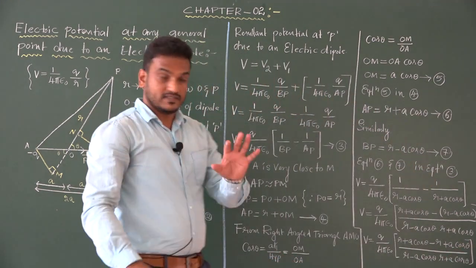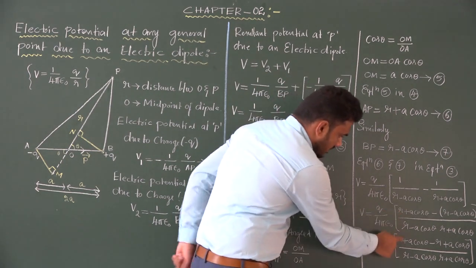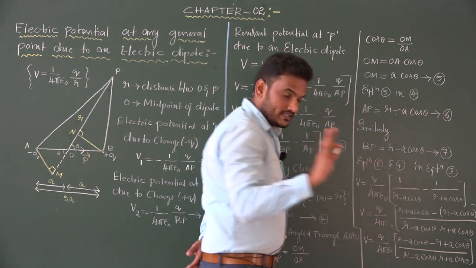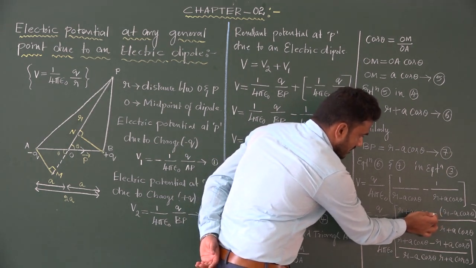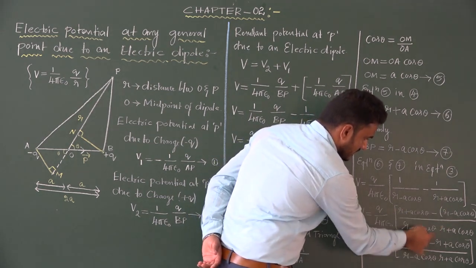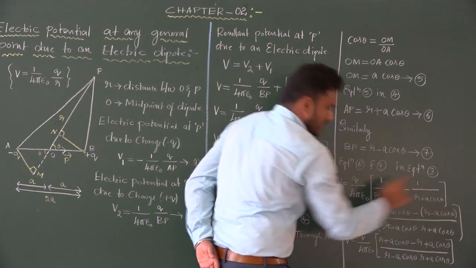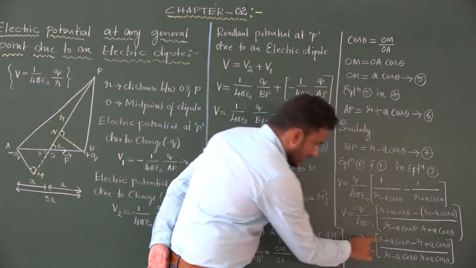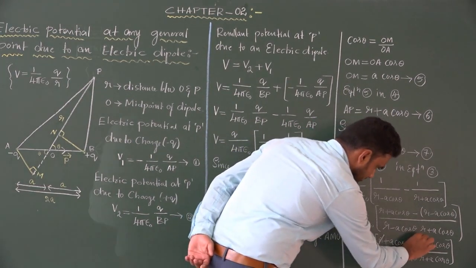Look at this, we just solved the numerator. R plus a cos theta as it is we wrote. Here minus into plus, minus R, minus into minus, plus a into cos theta. Here plus R and minus R get cancelled.